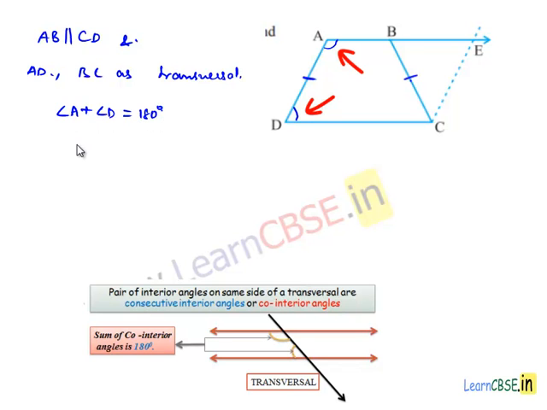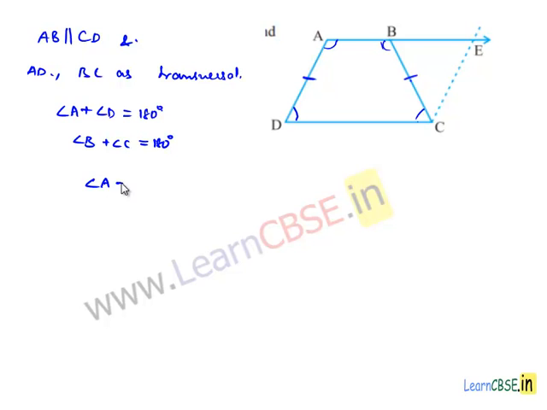We can say angle A plus angle D is equal to 180 degrees and angle B plus angle C is equal to 180 degrees. As both are equal to 180 degrees, we can equate angle A plus angle D is equal to angle B plus angle C. Initially we proved that angle A is equal to angle B, so that will be cancelled on both sides. Then we are left with angle C is equal to angle D. This is what our second proof required.